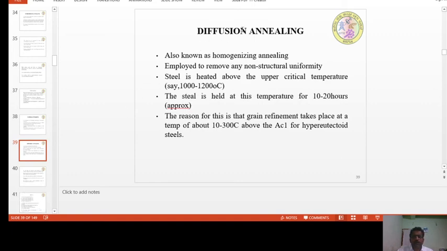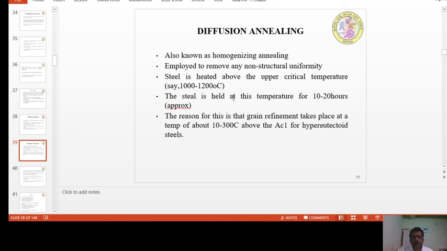And the other type of annealing is diffusion annealing. Diffusion annealing is usually performed to bring uniformity in the composition, also known as homogenizing annealing, employed to remove any non-structural non-uniformity. Steel is heated above the upper critical temperature, say within this range.